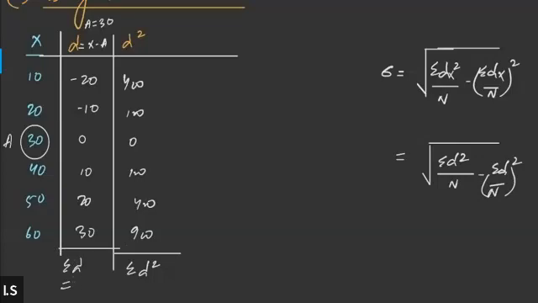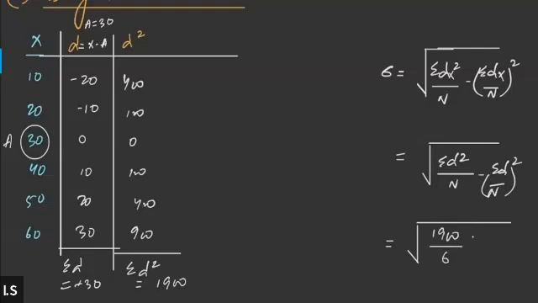Okay, so let's do it. Minus 20 minus 10 minus 30, and the answer will be plus 30. Similarly, d square will be 500, 1000, 1900. So sigma d square will be 1900.